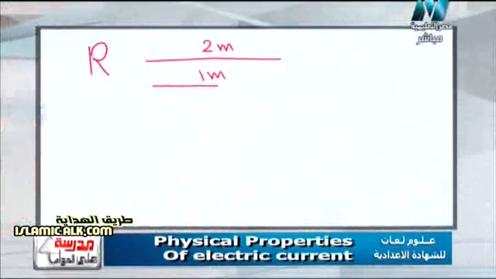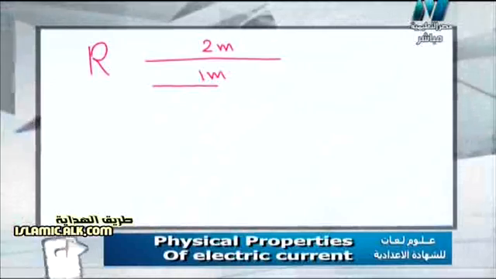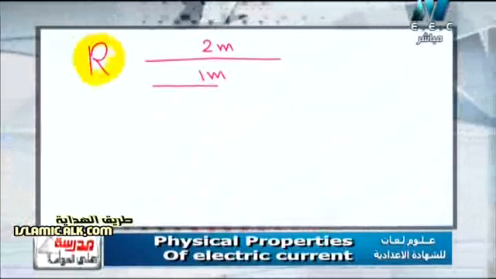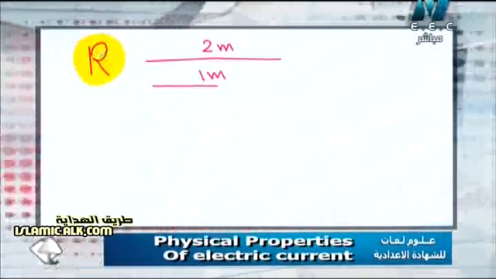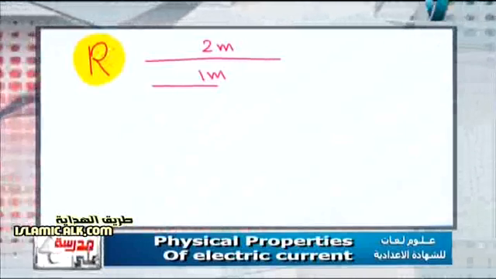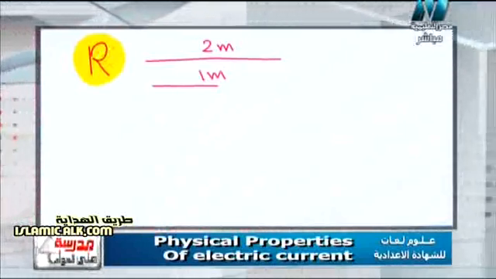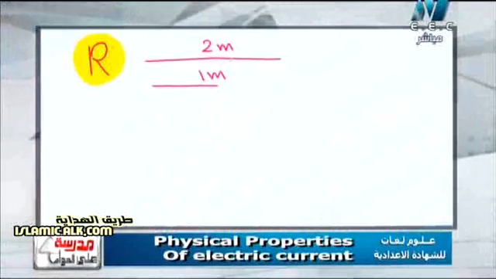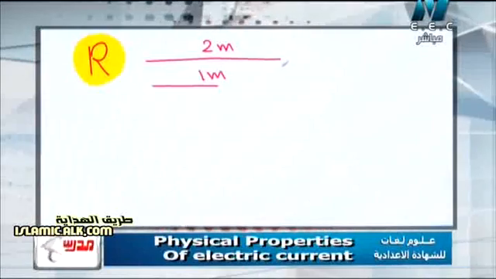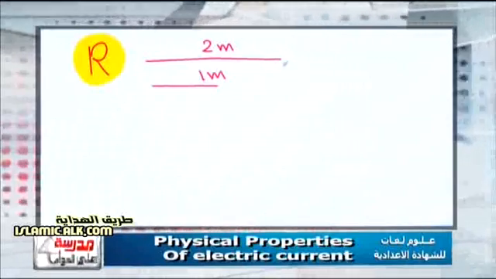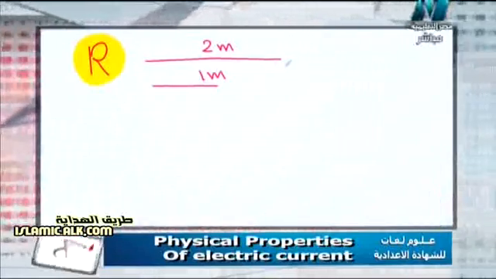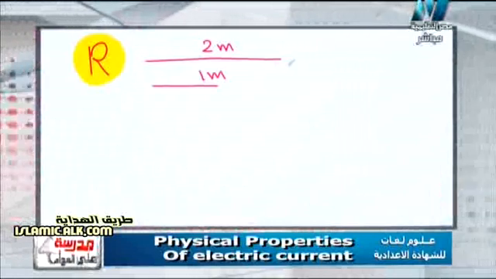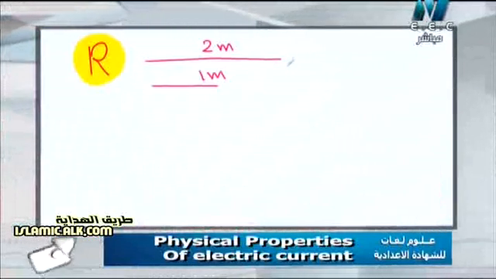Which one will be more tiring? Electric resistance, as we studied before, is the opposition faced by the electric current. Of course the long road is more tiring for me.